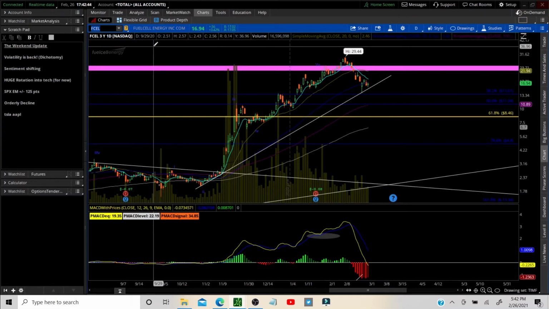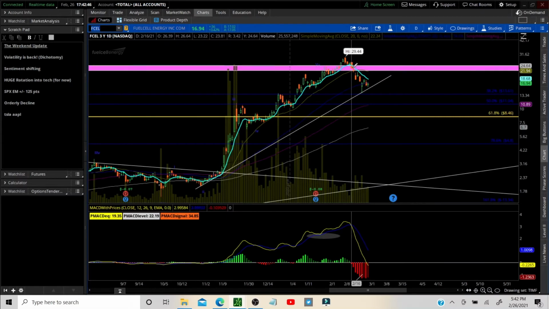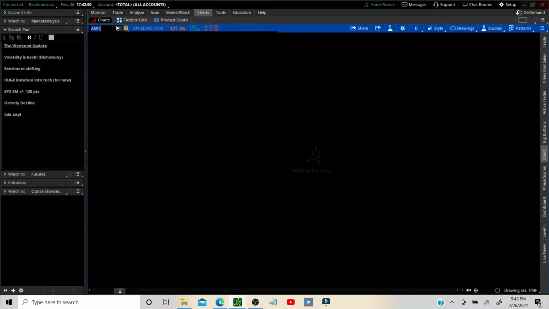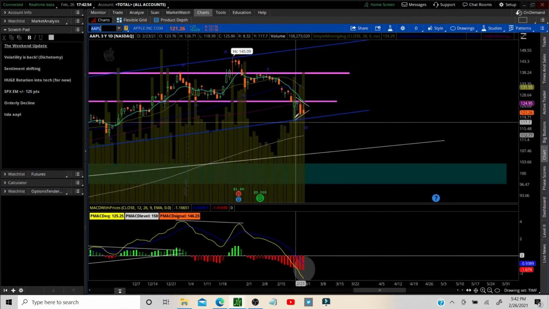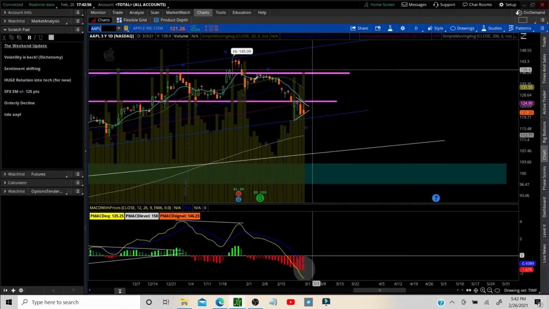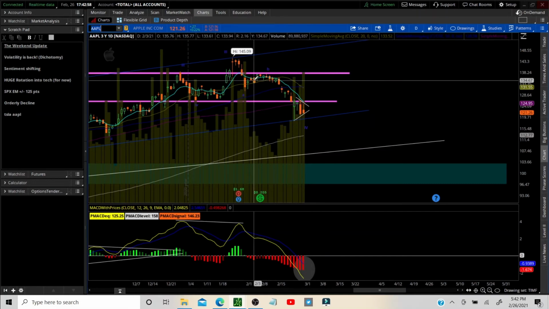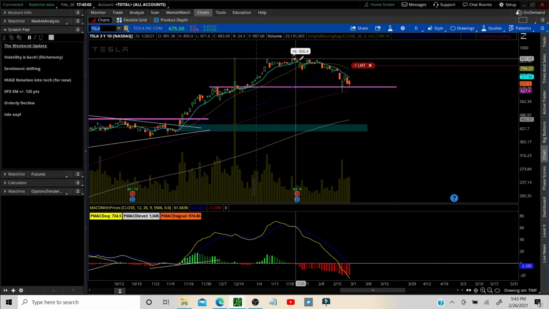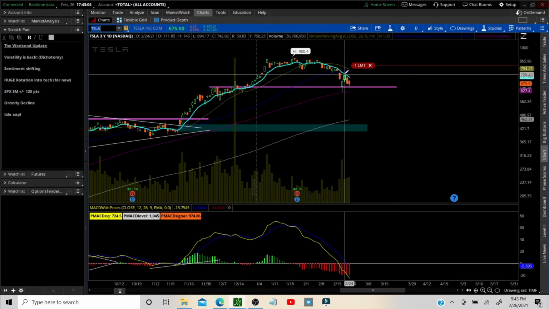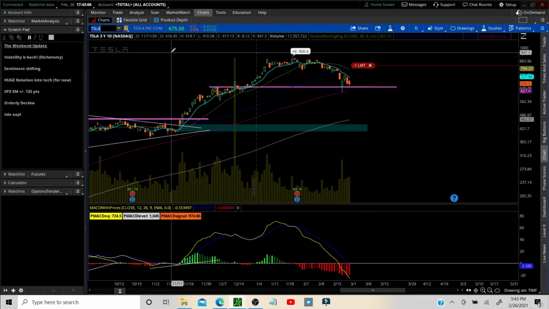Okay, so everything's been setting up, and all the charts, pretty much for the most part look the same. I'll go back to Apple here. Came down, bounced, wave 1, 2, and higher, right? That's possible. Tesla made its ABC correction, wave 1, 2, 3 higher.